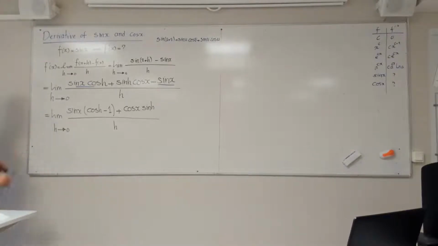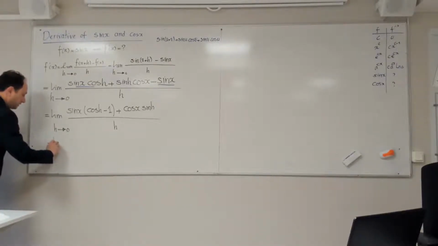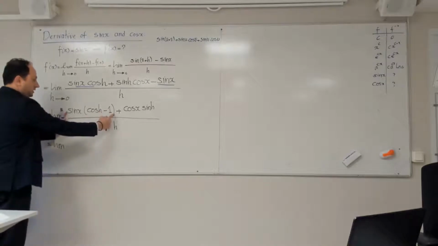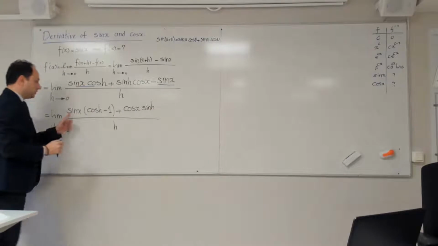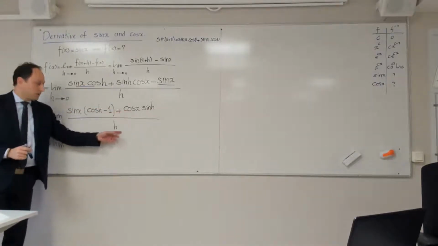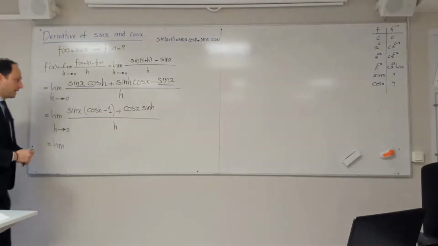And then I will write it in a slightly different way. I divide this expression by h plus this expression by h. Because that's a sum, I can divide them separately and add the results.